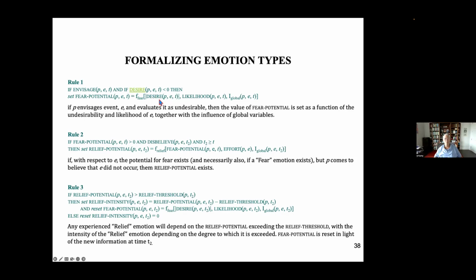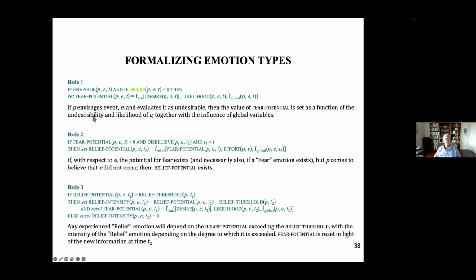Desirability is the central variable for all emotions on that central branch, on the event-based branch. Likelihood is a local variable for intensity of fear emotions, and these are any global variables that may be operative.